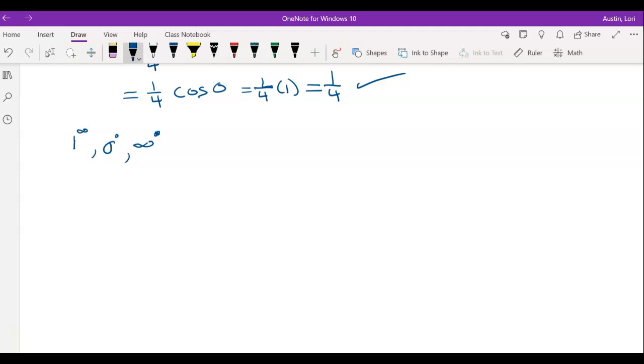Nope, 0 to 0 is indeterminate. Infinity to 0. Again, infinity is not a number, it's a concept. So I can't think of infinity as just any number. If I raise any number to the 0 power, I get 1. Nope, it doesn't work that way in math. So these are all indeterminate.